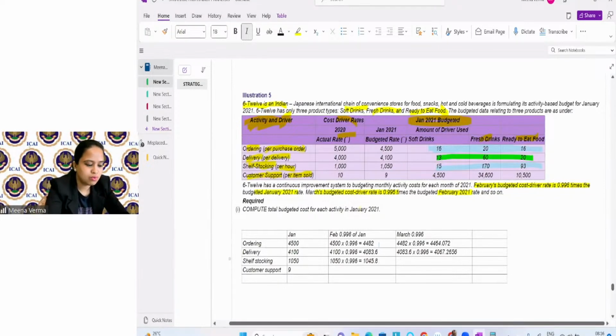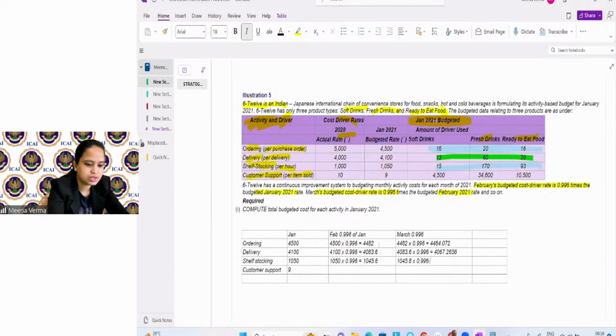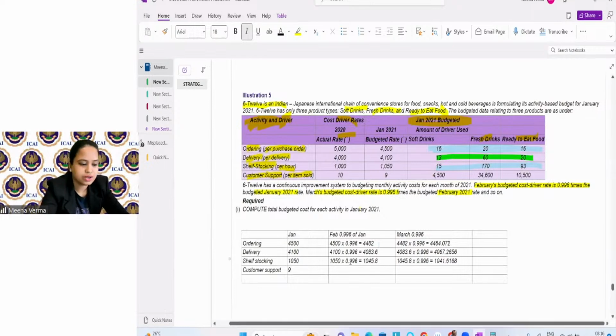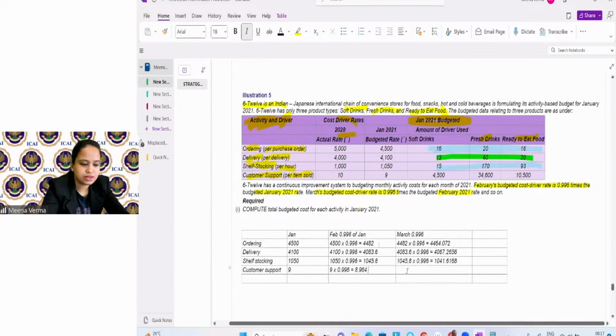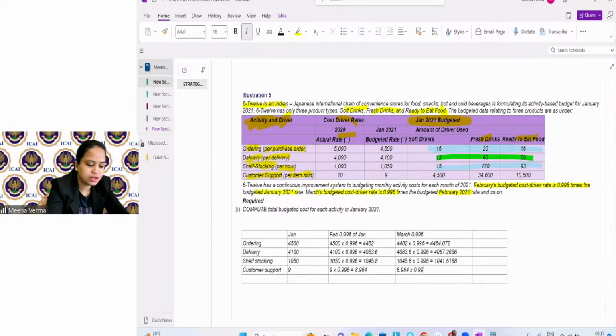And then 1045.8 into 0.996 is equals to this value, right? Then 9 into 0.996 is equals to this value, and then 8.964 into 0.996 is equals to this value. So in this way, we will find the values, right?